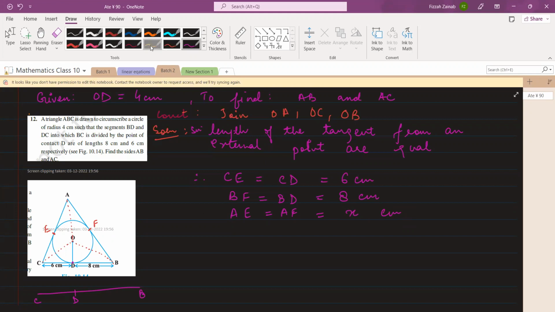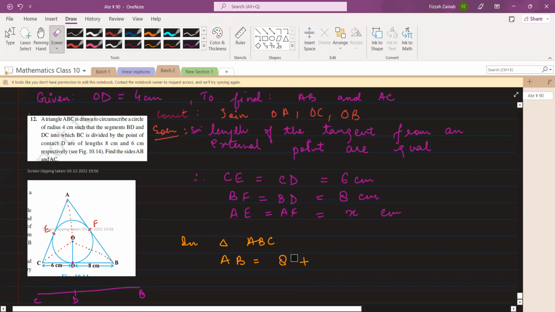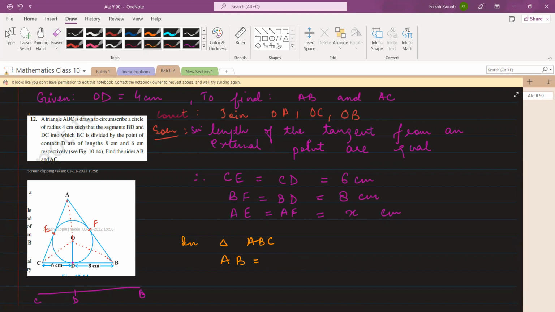Now the sides of the triangle. In triangle ABC, side AB is AF plus BF.